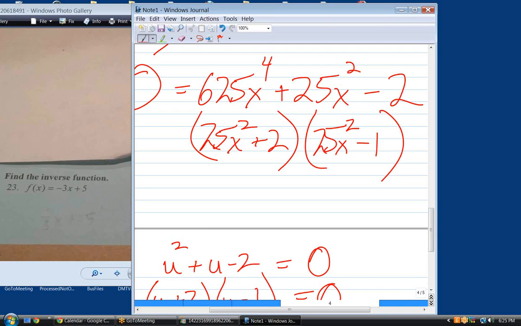In other words, I still factored it like I would normally factor a quadratic, just without going through the u substitution. I broke that down into 25x squared times 25x squared, and then the rest of it just kind of unfolded. And I can still set this equal to 0 and that equal to 0 and solve.